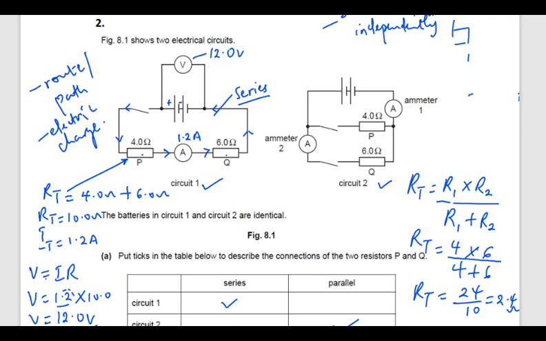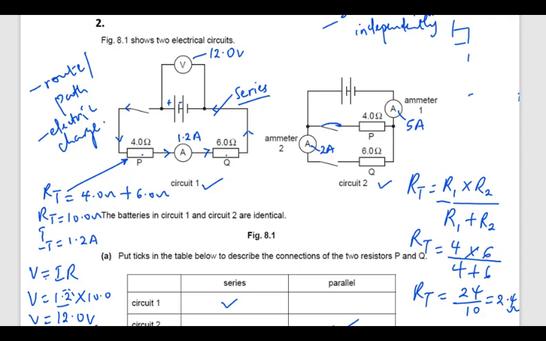So we are told that this ammeter 1 reads 5 amperes, and ammeter 2 reads 2 amps here. So we have to calculate the current through this resistor P. We assume that this switch is closed.